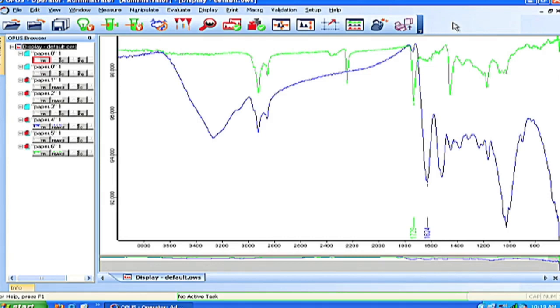But if we look a little bit further at the spectrum, we can see there's another band just here at 2241. And what this is telling us is that this fiber sample is probably some kind of blend of different polymers, and this second absorbance here at 2241 is probably a nitrile polymer.